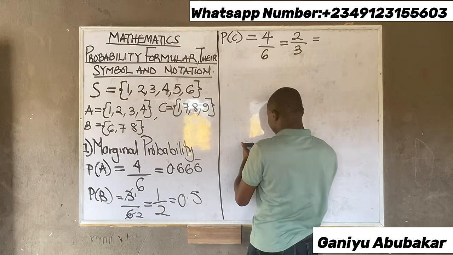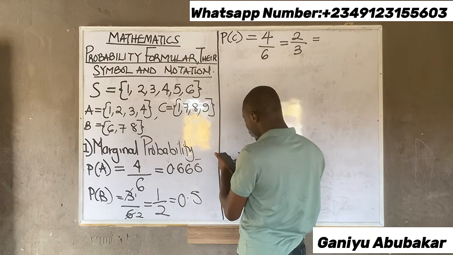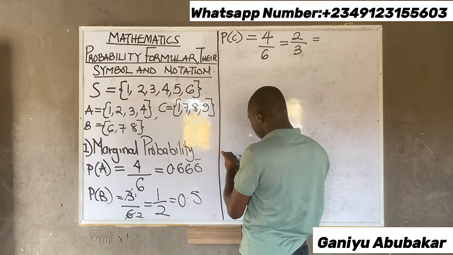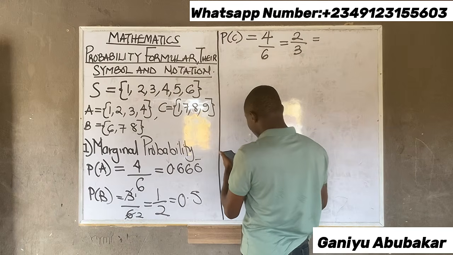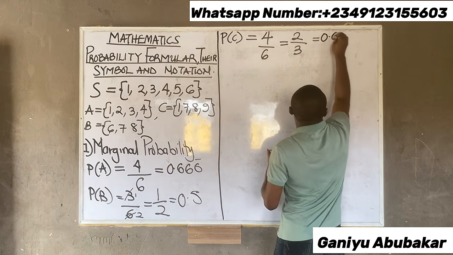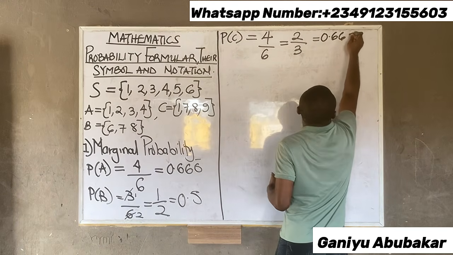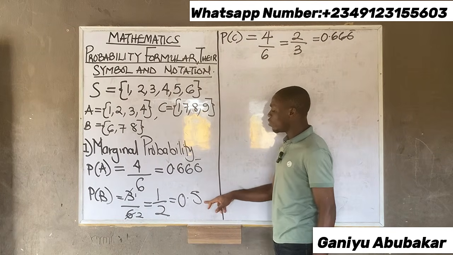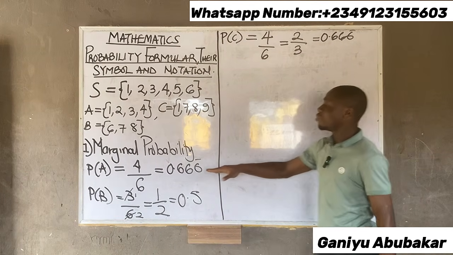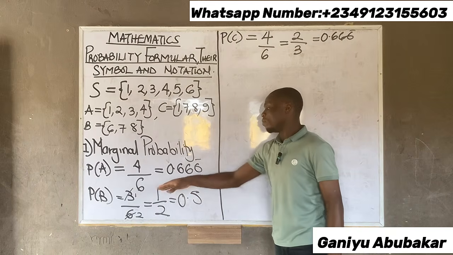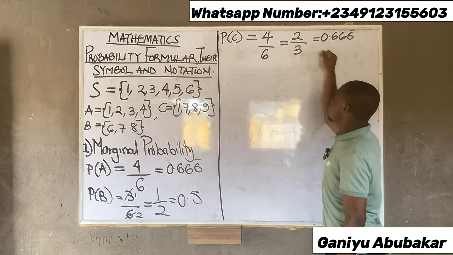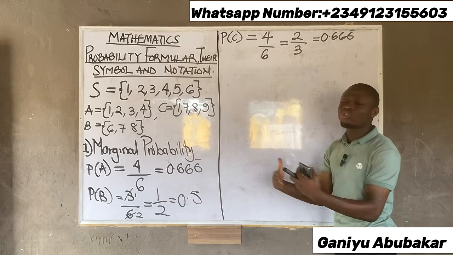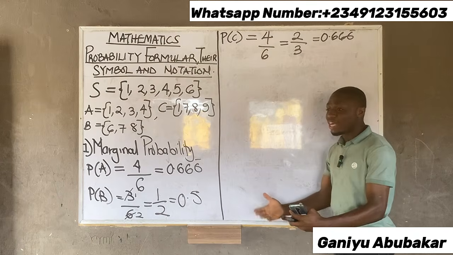If I divide 2 by 3, that gives you 0.66, and it continues like that. So this is the probability of a single event occurring. Probability of A occurring is this, for B occurring is this, for C. So you see that A, B and C do not depend on each other before they can be solved.